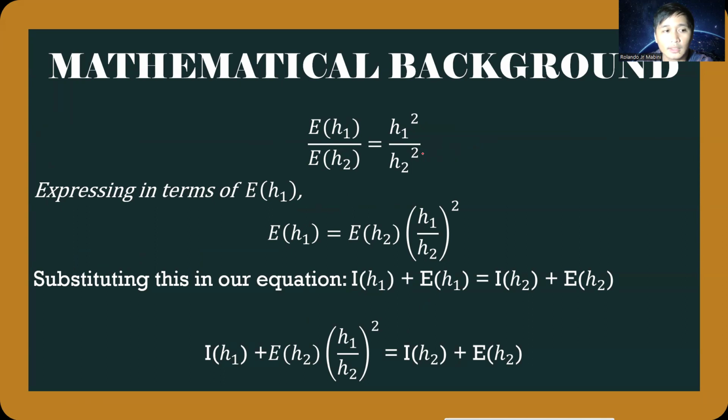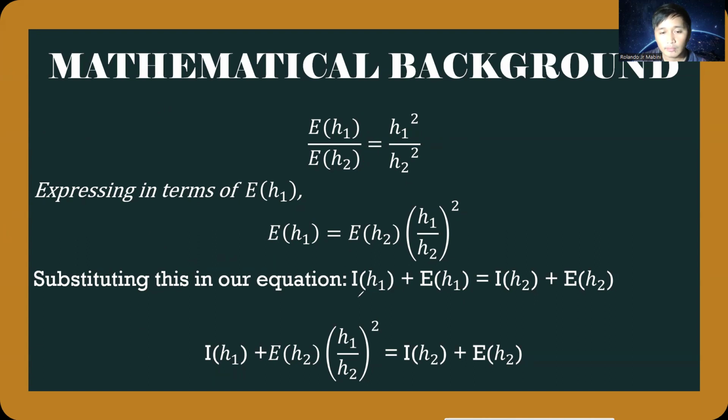So here, this equation for E of h1, the same equation, we just cross multiply it and then set the equation in terms of E of h1.